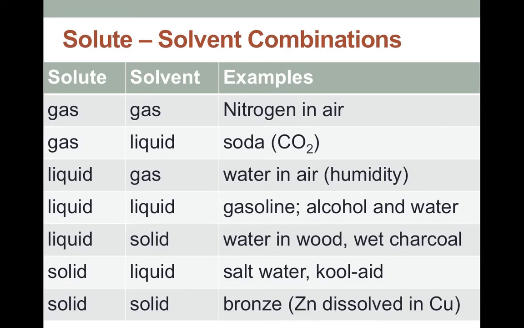You are dissolving something that's a solid like salt into a liquid water. Okay, and then solid dissolving in solid, an example is bronze. Like when we did that Penny Lab, you are dissolving the zinc into the copper. And so you are dissolving a solid into a solid, and it makes brass. Or bronze. I guess it's technically brass. I miswrote that.